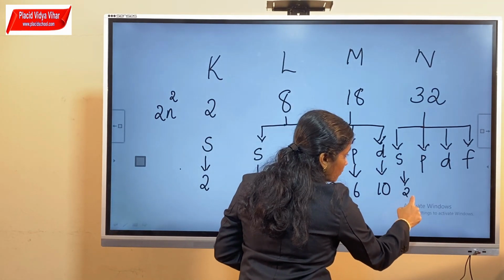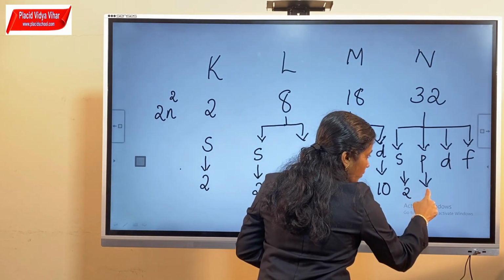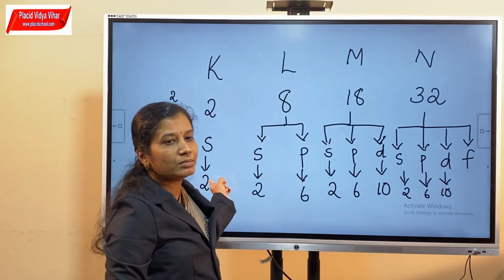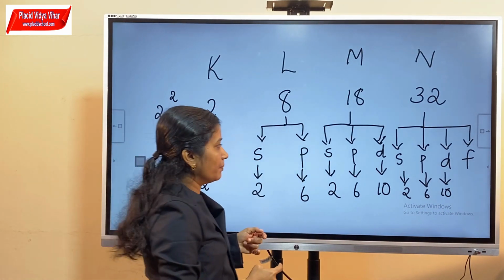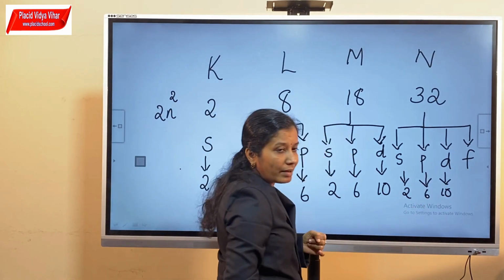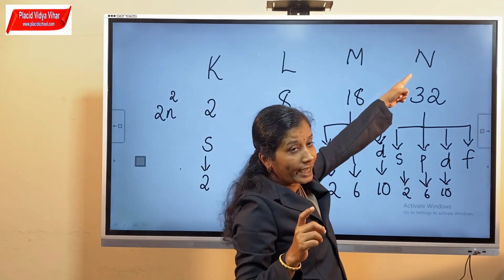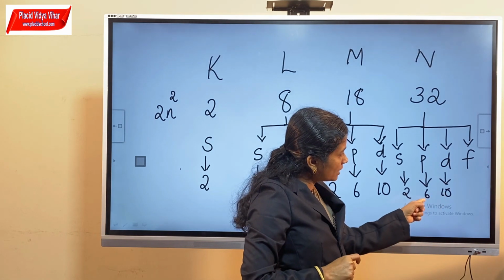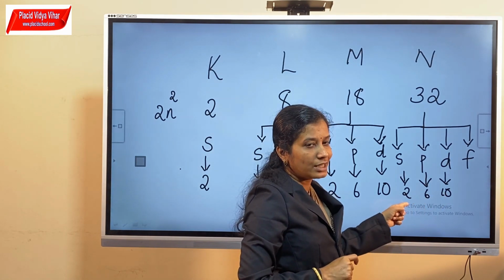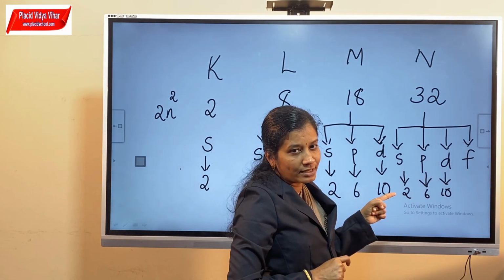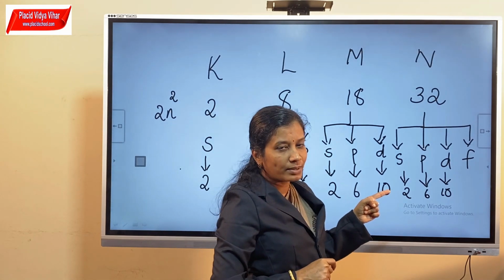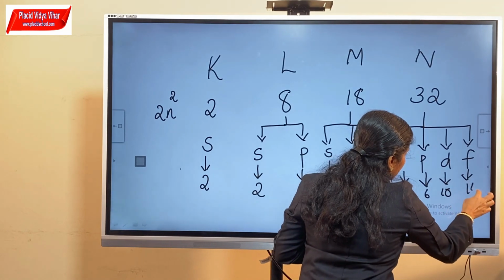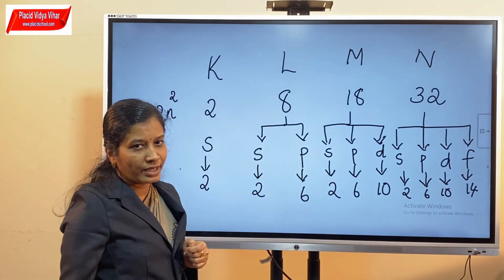Yes, it is 2 for S and 6 for P and 10 for D. That we got from the first, second and third shells. Then the maximum number of electrons in the N shell is 32. So from that, 10 plus 6, 16 plus 2, 18. Then remaining, yes, 14 electrons. So what is the capacity of the F subshell? That is 14.